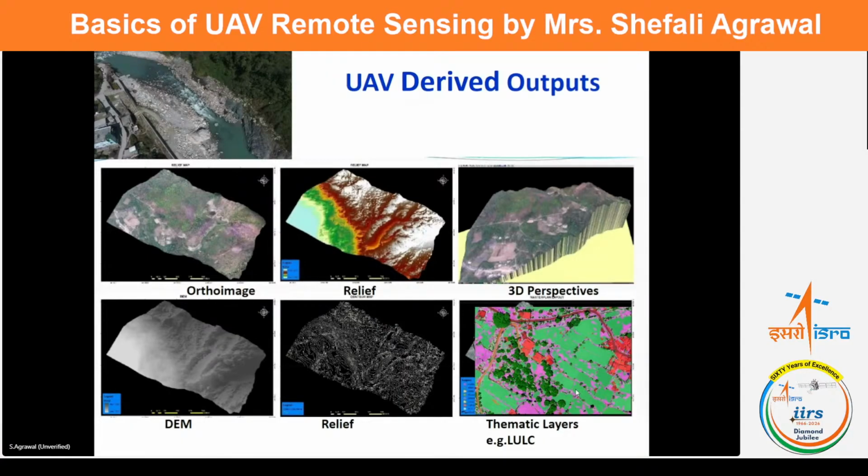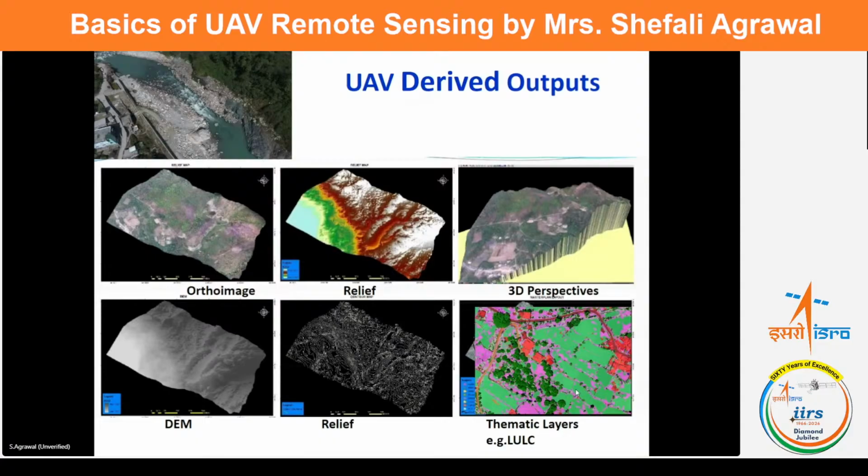Once the data is processed, we can derive a large number of outputs. We can have orthomosaics, digital surface models. We can derive a relief map, 3D perspectives. We can extract any kind of thematic layers, like we can detect trees. We can create a vegetation map, a land use land cover map. We can estimate the health of the plant.